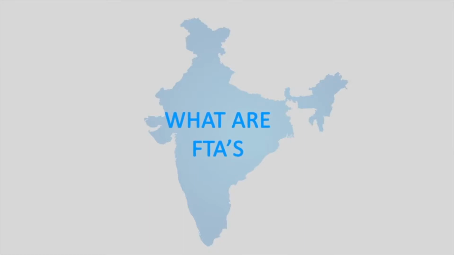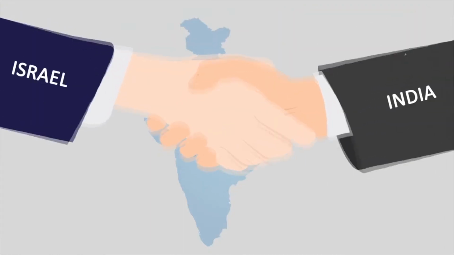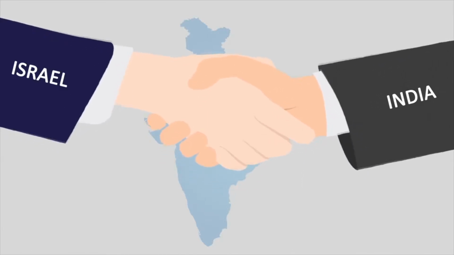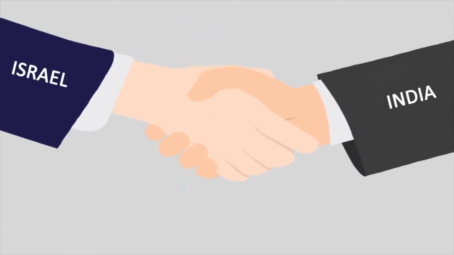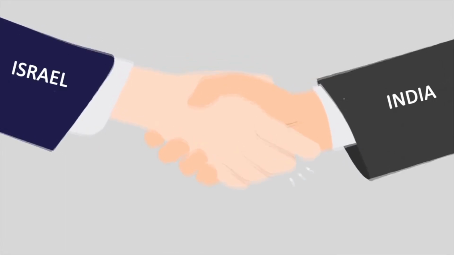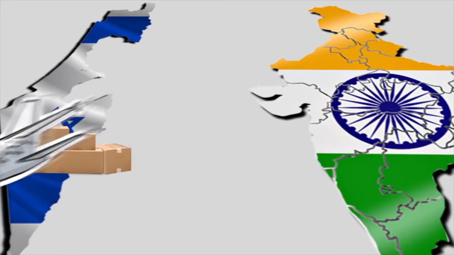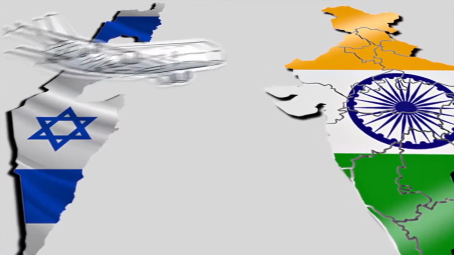What are FTAs? FTAs are established as a fair set of rules for trade between the agreeing countries. They provide each other favorable treatment by reducing trade barriers. Firstly, they cut down the duties on inputs of goods to and from the agreeing countries.